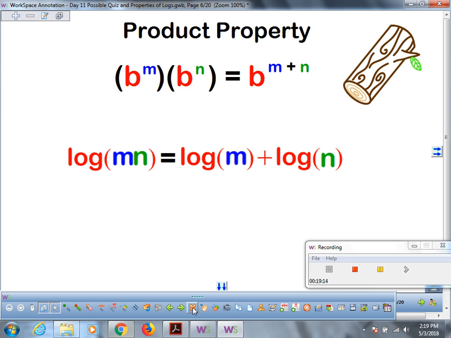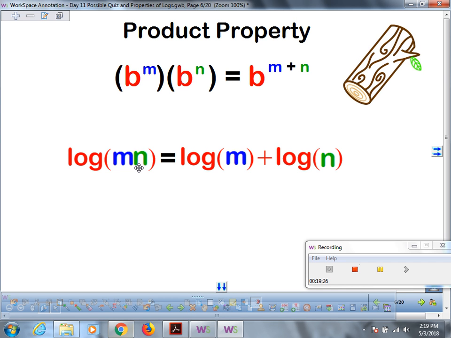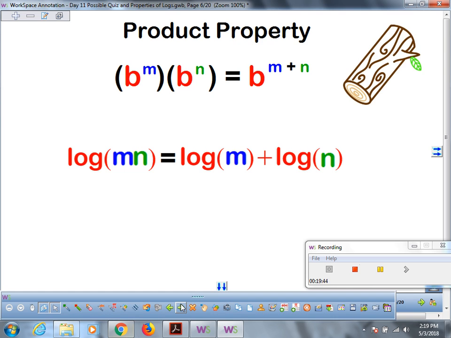It makes it so that I can split the m and the n up and add. So if I'm saying the log of the product of 2 different exponents, it's just like splitting them up. This is kind of in reverse, right? Do you kind of see the relationship between the two? They're exponent rules, but we're applying them to logarithms. So what do you think this one's going to look like?